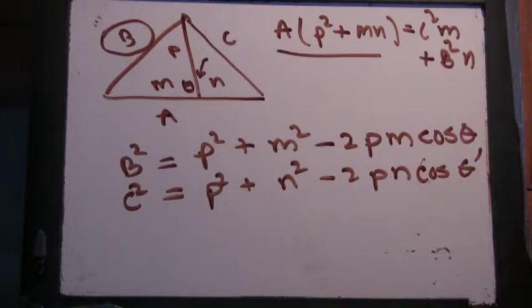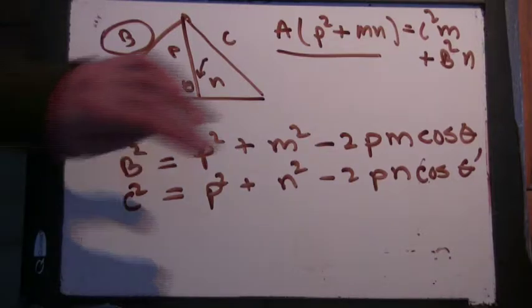Well, they add up to cosine 180. They add up to minus 1. What do you mean?